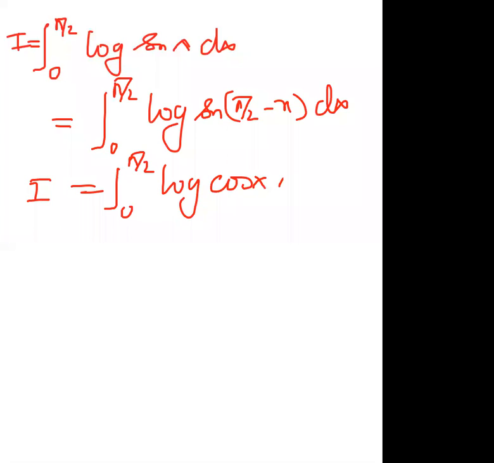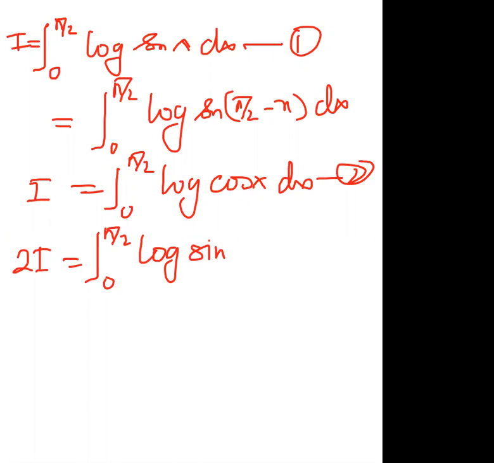So with these two, we can add both equations 1 and 2. When we add both, 2I is equals to the integral from 0 to pi by 2 of log sin x plus log cos x. Log a plus log b can be written as log a into b, meaning sin x into cos x dx.